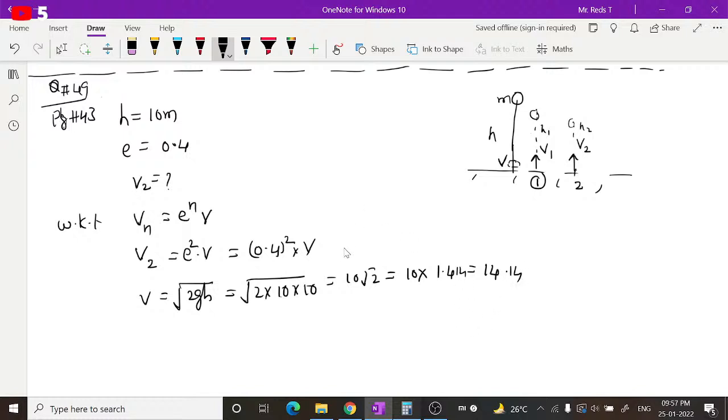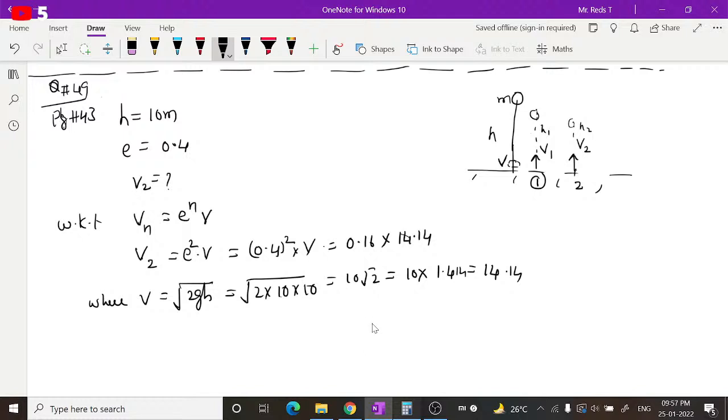If you substitute this here, this is equal to 0.4 squared, which is 0.16, into v, which is 14.14.